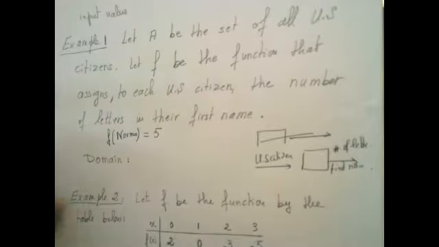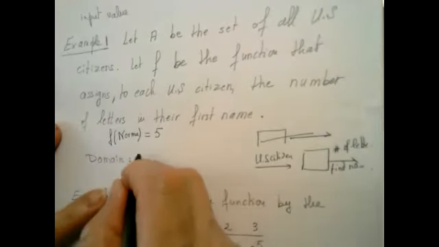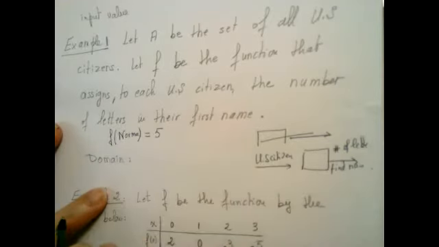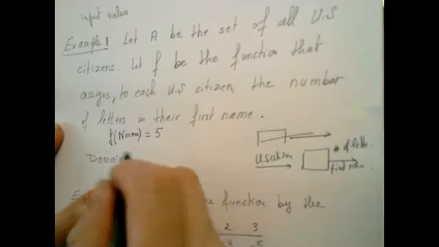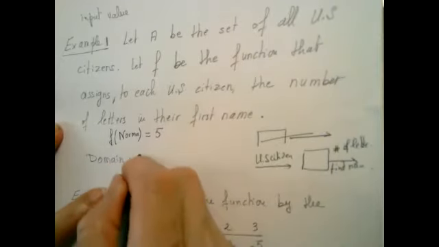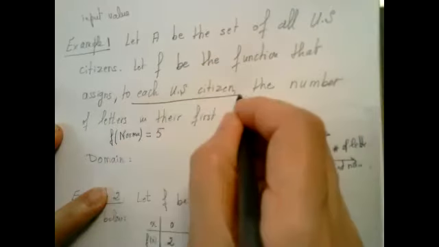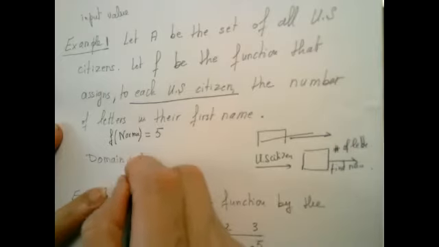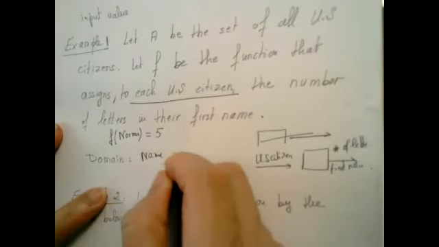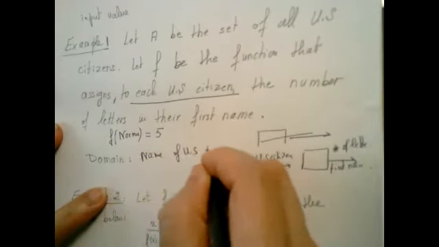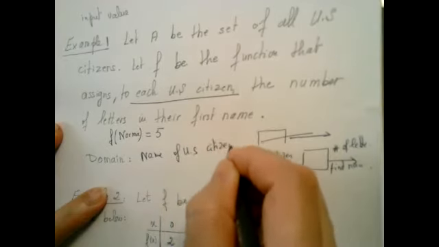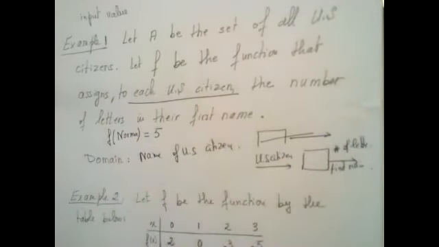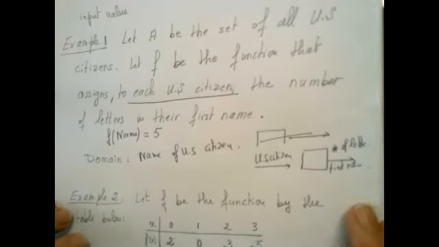Citizens' first names. No, the input is not the first name. First name of what? Each US citizen. Right. It means the domain is the US citizens. That's what the input is. So there are people in this particular case, and they are US citizens.